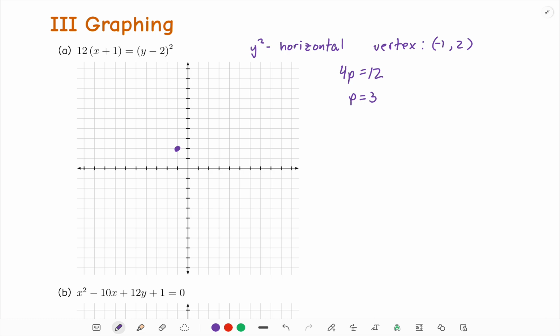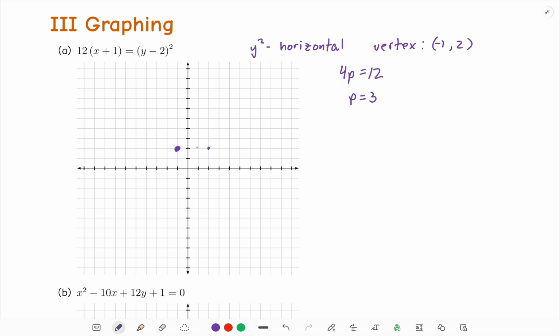Since this is horizontal and p is 3, that means I'm going to go 3 to the right from the vertex. 1, 2, 3. Now, there's many ways to graph this, but this is why I like the focal diameter. It makes it very easy to graph it. Once you identify where the focus would be, then you go 2 times p up and 2 times p down. So 2 times 3 is 6.